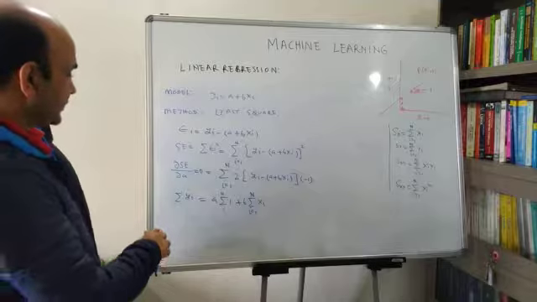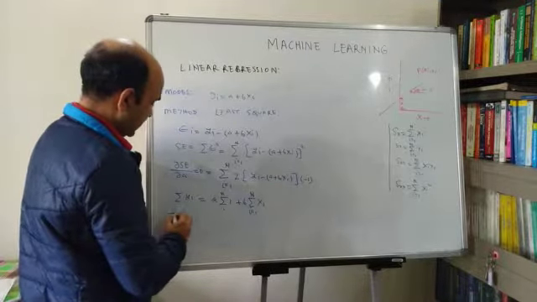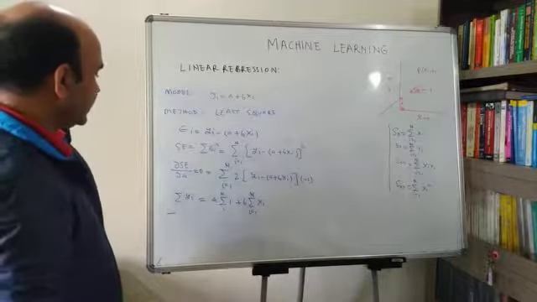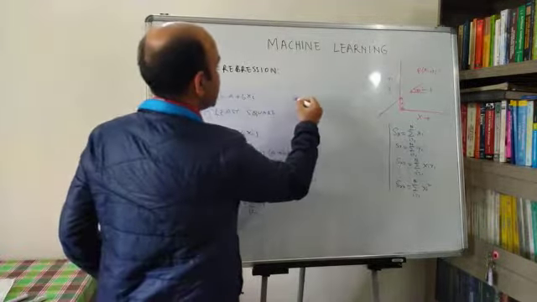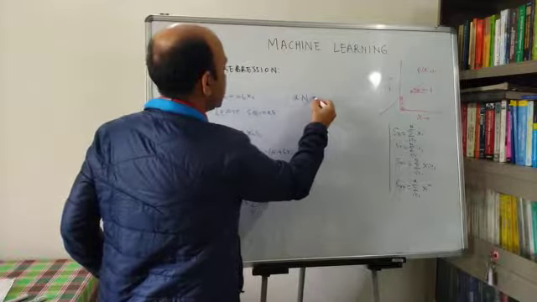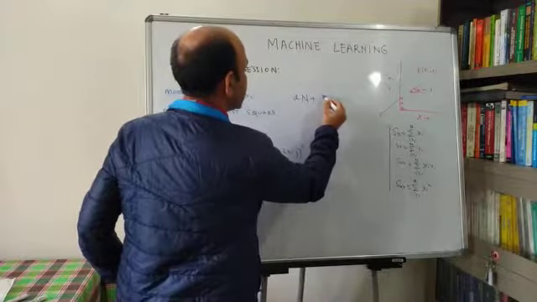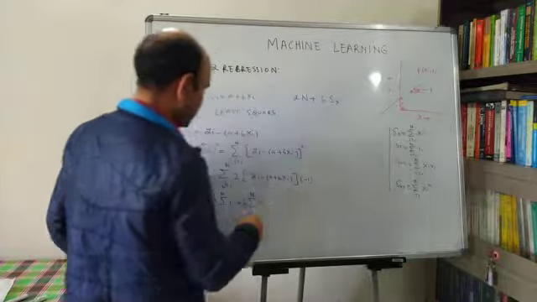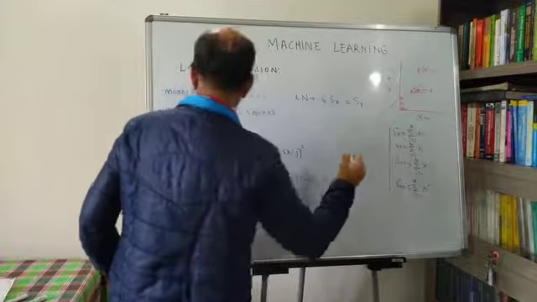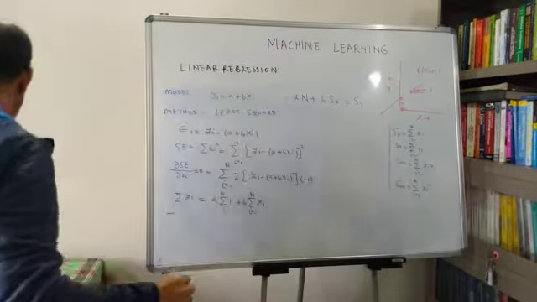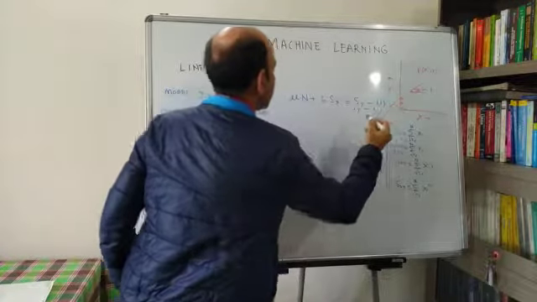Using those variables, we can write this equation as a·n + b·sx = sy. So this is our equation number 1.